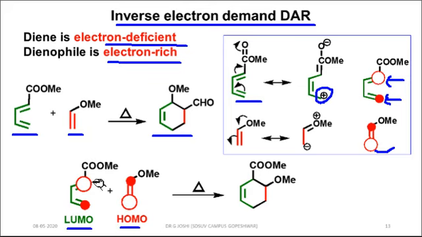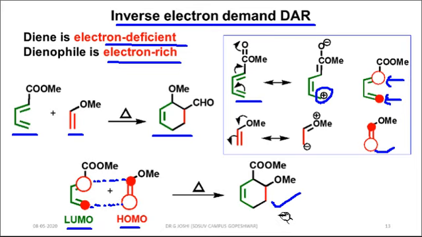In that case, the interaction will take place like this: the electron rich center of the diene with the electron poor center of the dienophile, and the electron poor center of the diene with the electron rich center of the dienophile. It will again result in the formation of the ortho-type product.